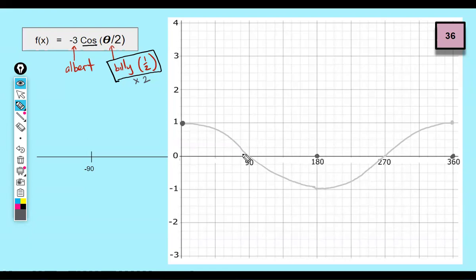Now look at this. For this graph, if we split it down the middle, the original graph, the whole graph took 360 to fit. Half the graph, which is a piece of up and a piece of down, right now is taking 180 to fit, but the graph is getting twice as large.